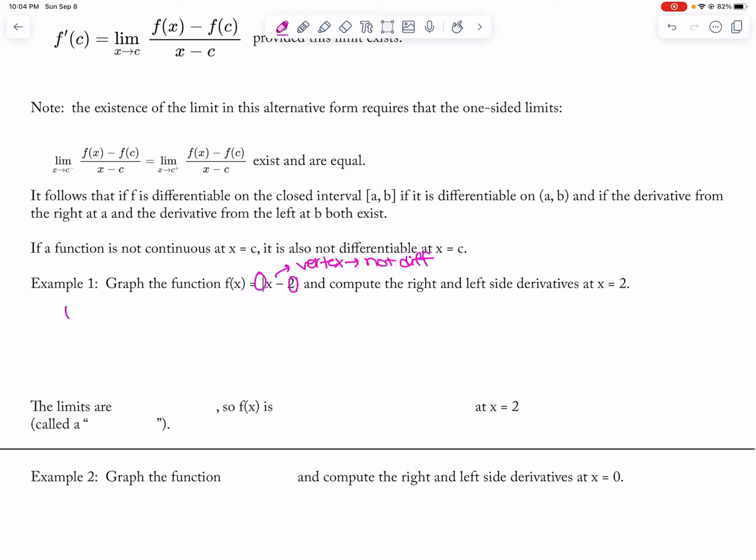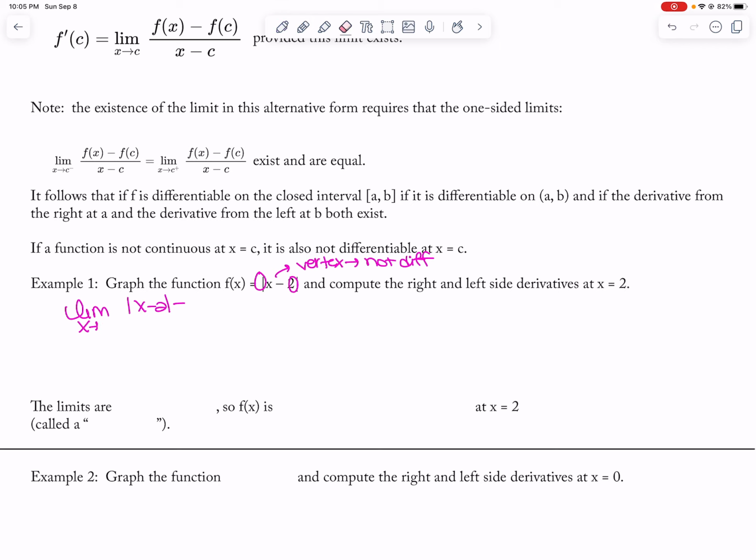So if I were to look at this, it would be the limit as x approaches 0 of the absolute value of x minus 2, and then minus, okay, hold on.